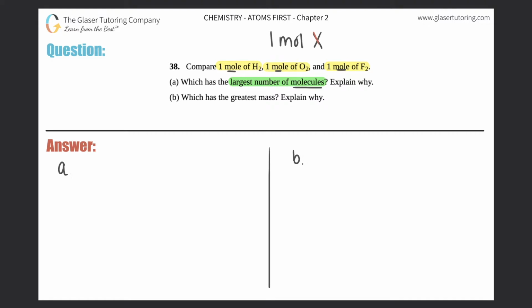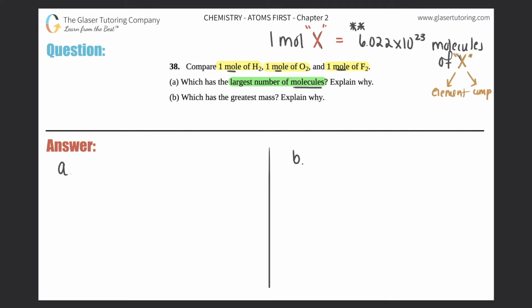I always represent anything as X. So 1 mole of anything, whether that's a compound or an element, will always equal 6.022 times 10 to the 23rd molecules of X. That represents how many total molecules of X there are, whether it's an element or a compound.